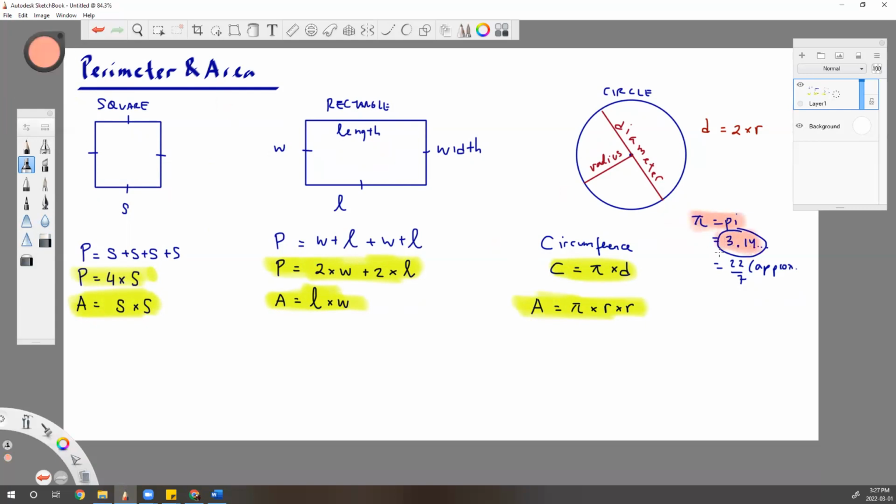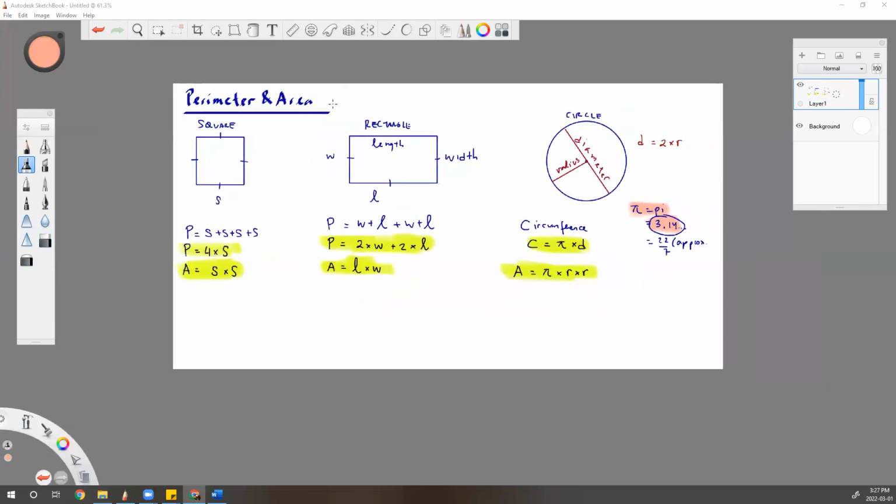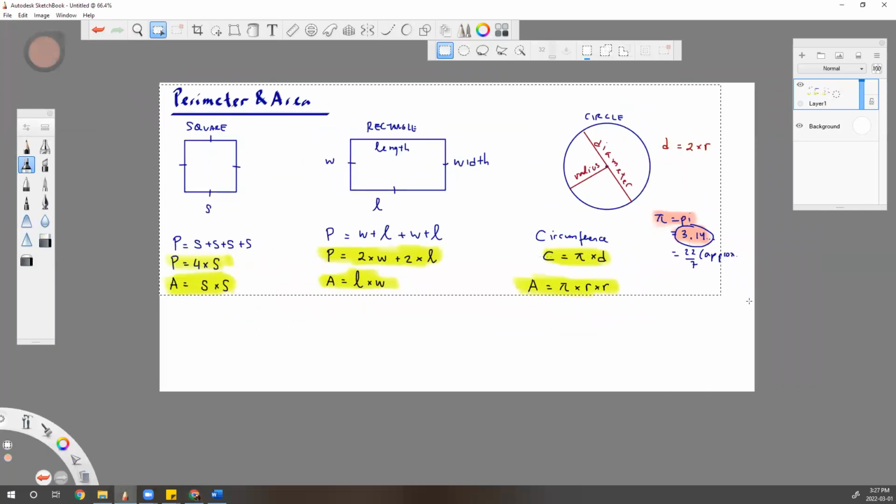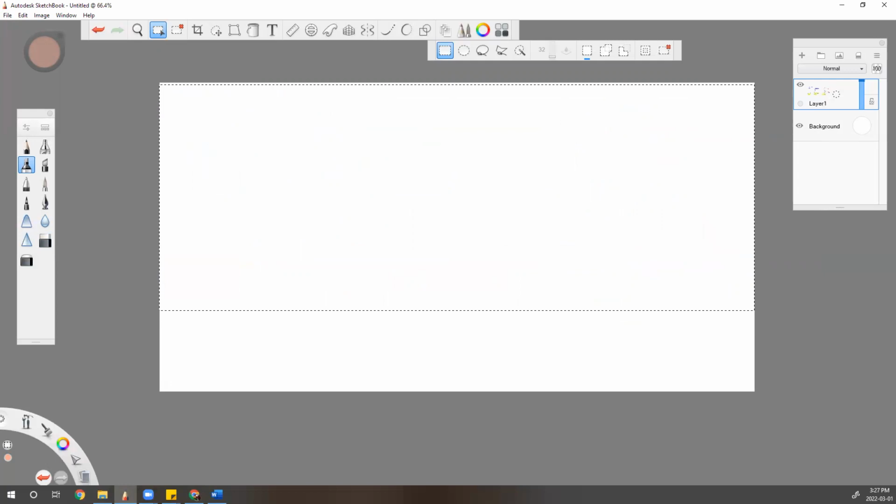Pi is always 3.14 or 22/7. I don't know which you use, but I think it is... okay, there you go. You use 3.14. Okay, that's good. We are using the same working. Okay, same units.